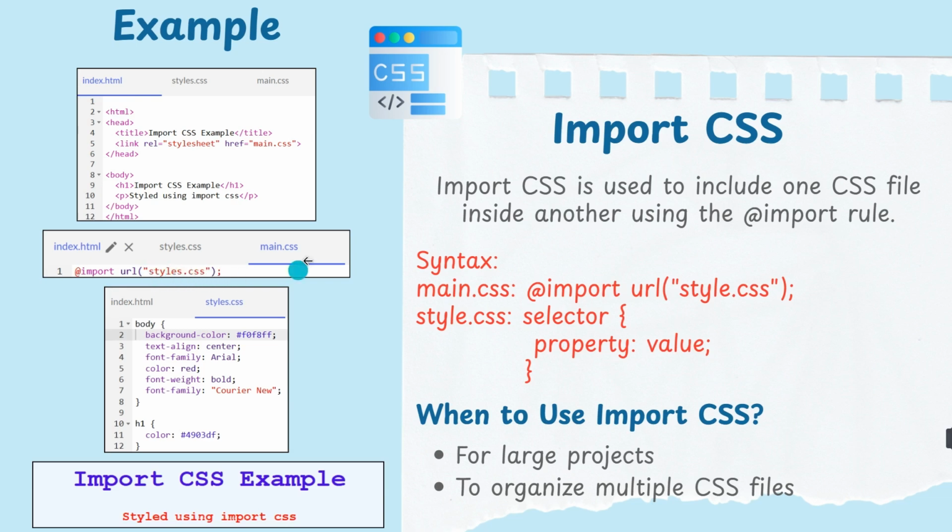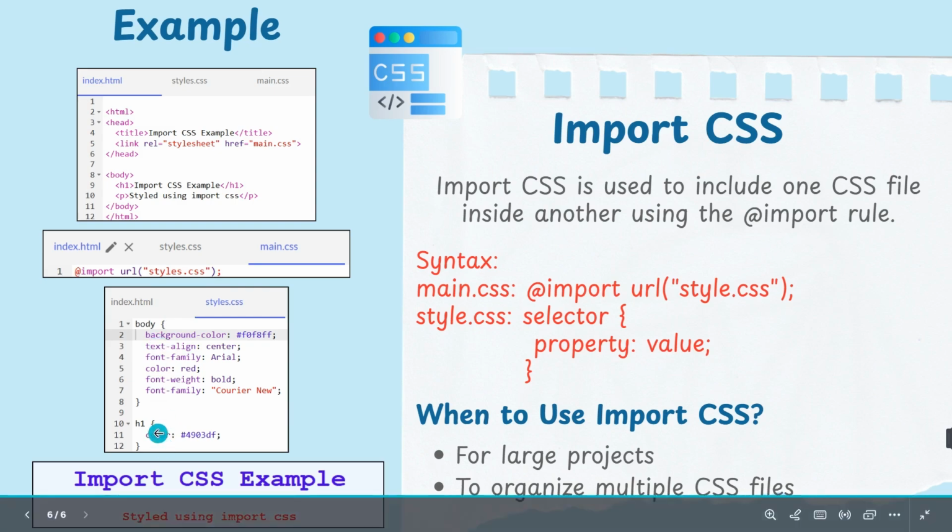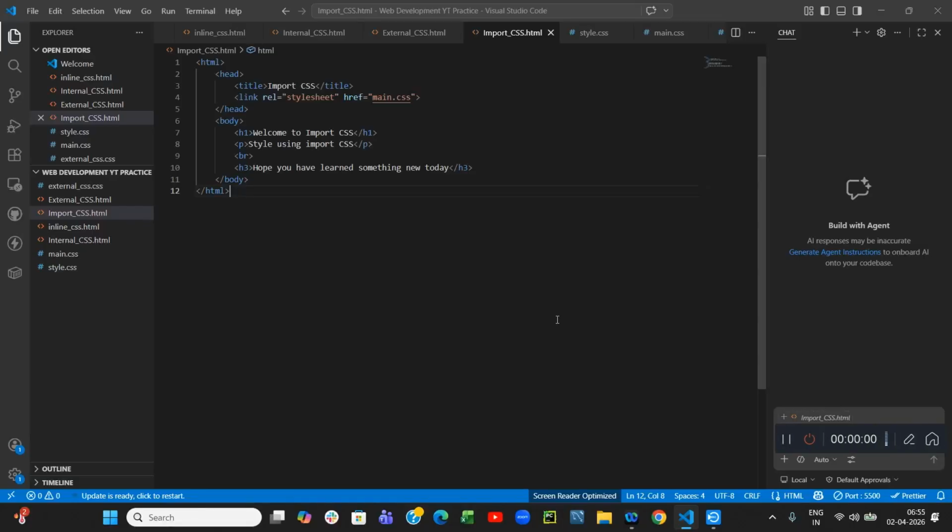In main CSS you're writing that you also want to import styles.css, and the styles.css content is already written here. I have written the exact code of HTML in import CSS, and in import CSS I have an additional h3 element with the text 'hope you have learned something new'. So I am linking main.css.